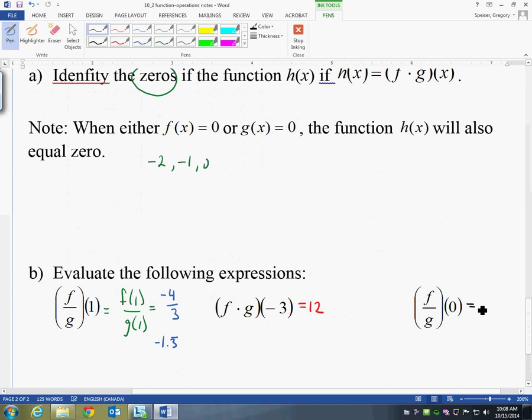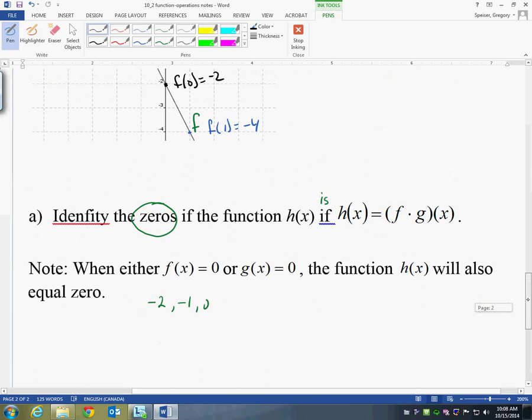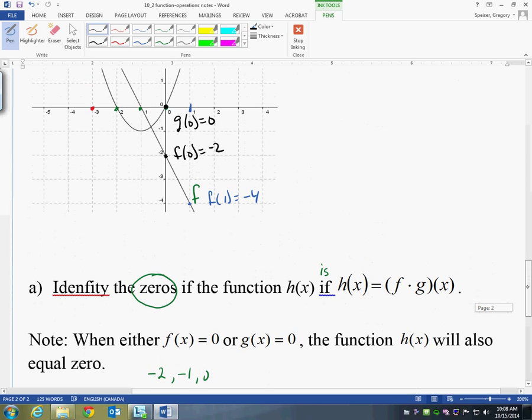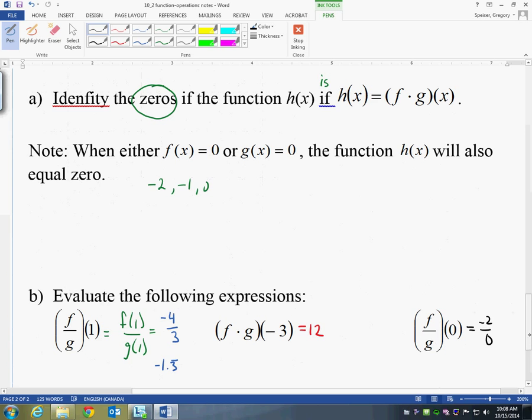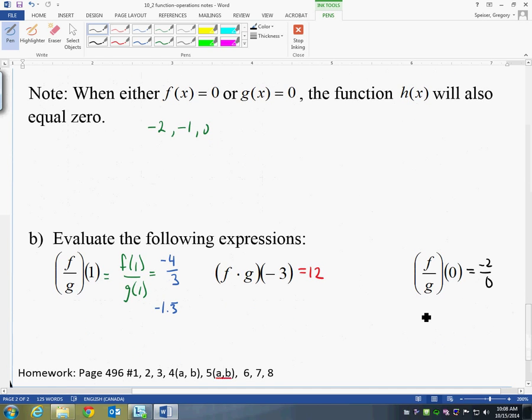So it would be equal to negative 2 over 0. Did I get that right? Yeah, that's right. So can I divide by 0? No. So we could say undefined. Okay. So you can't divide by 0.